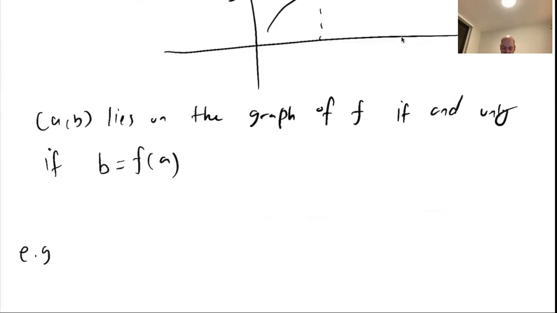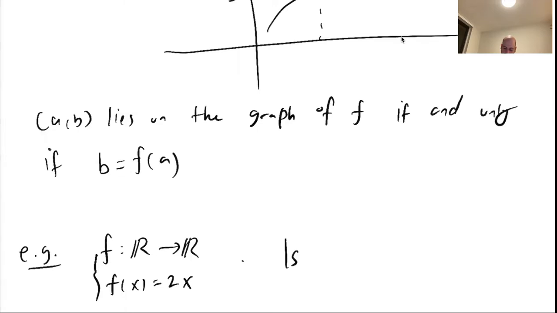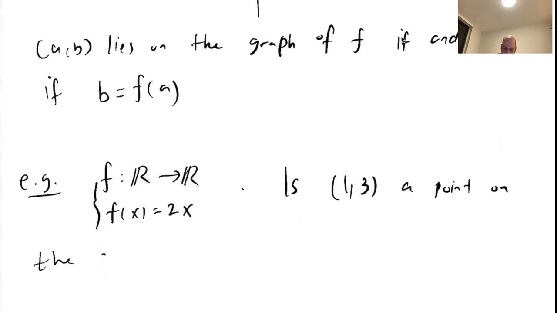For example, let's say f from R to R, f of x equals 2x. Is, let's say, (1, 3) a point on the graph of f? So how do we know that a point is on the graph or not?